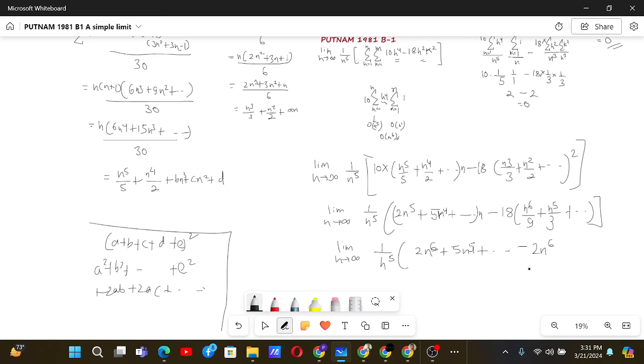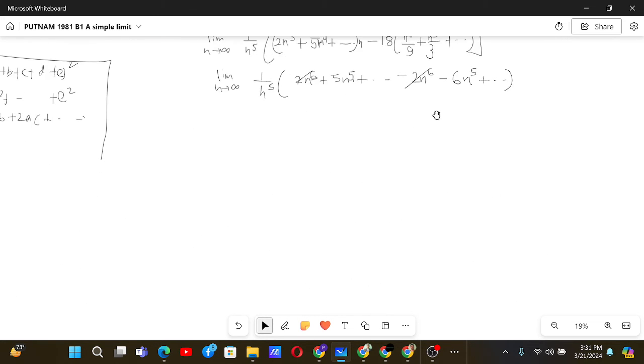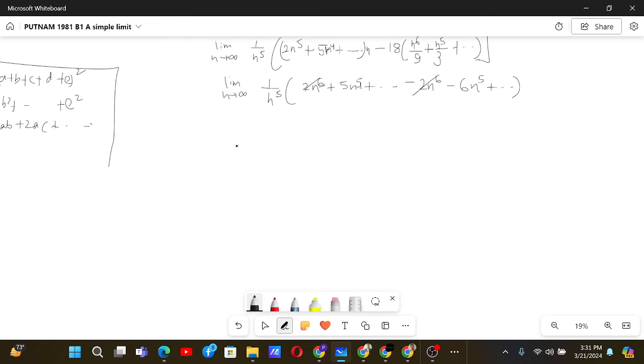So you notice this thing, I told it earlier that there's zero coefficient for n to the power 6. So you can see now that here it's minus 6n to the power 5 and other terms, doesn't matter. So this one cancels out, which is why the other limit was previously 0, and now we can find this.